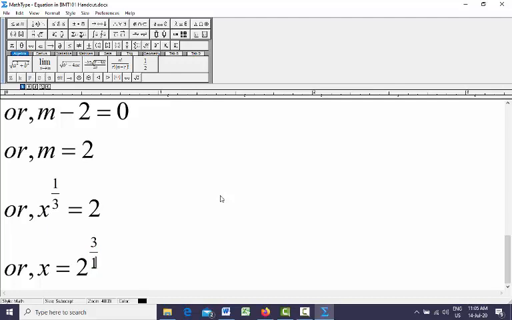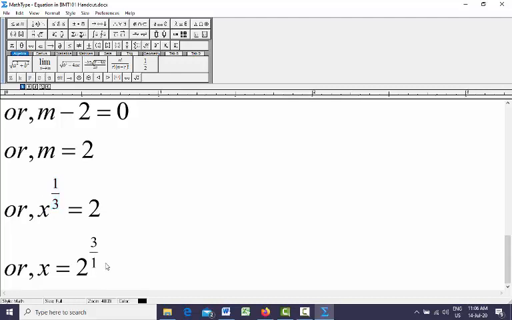I'm saying again, if you move a power from the left hand side to the right hand side, the power always moves as a power, but you get the inverse of the power. Whatever you have in the denominator will be in the numerator, and the numerator value will go into the denominator. So it was 1 by 3, now we get 3 by 1.